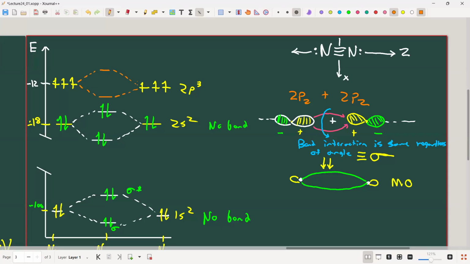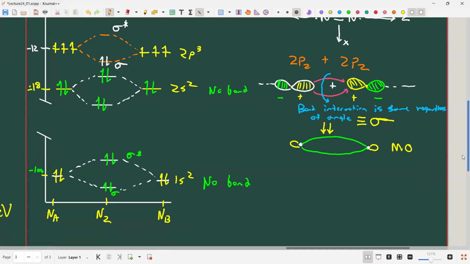Like that. Okay, and each of those PZ orbitals had one electron in them. So they fill up the bonding orbital. Right? So we've created a sigma bond here. So we have a sigma and a sigma star. And so here the PZs have now formed a single bond. It's a sigma bond through the internuclear axis of the nitrogen.